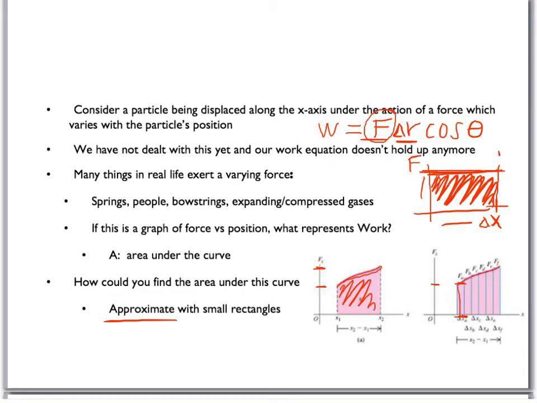So this amount of force times that delta x would give you the area of one of these rectangles. We could then add up a whole bunch of these rectangles with constant forces multiplied by these little delta x's for displacements that the object was going through.